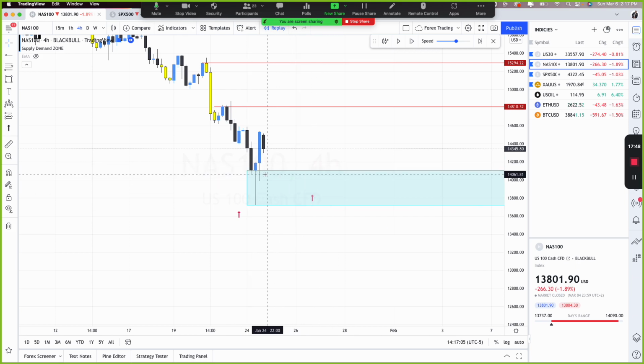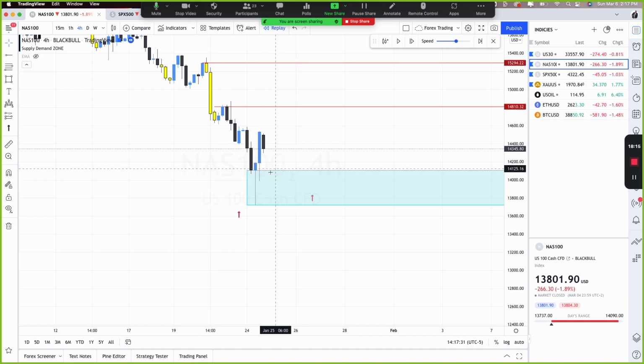When I do this, this means that I need to wait for the market to come back and retest this area. If you notice where I mark these, this is also an area where I need the market to come back and retest. The reason I need it to come back and retest this is so I can enter a new sell.